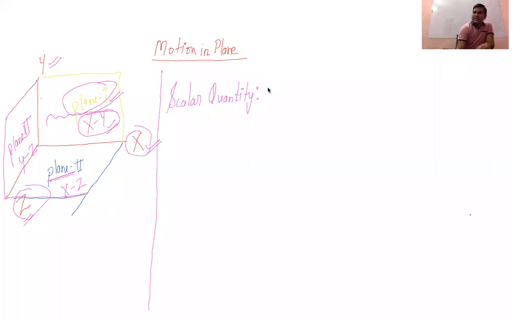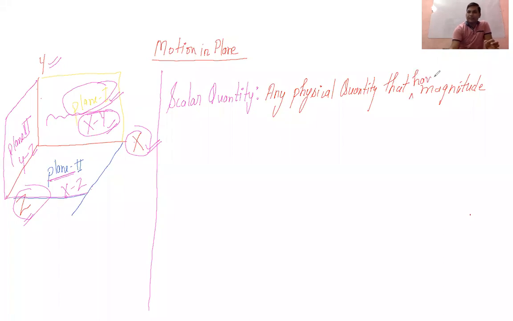A scalar quantity is any physical quantity that has only magnitude, but no direction.